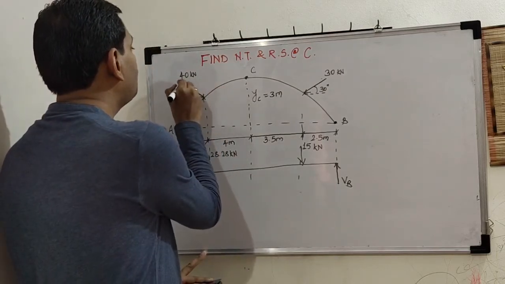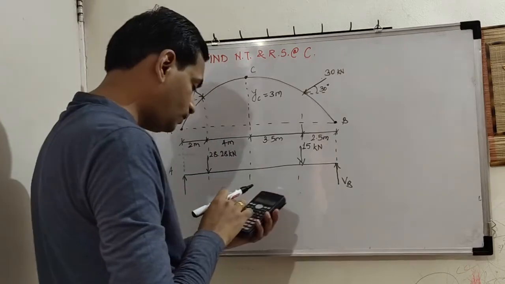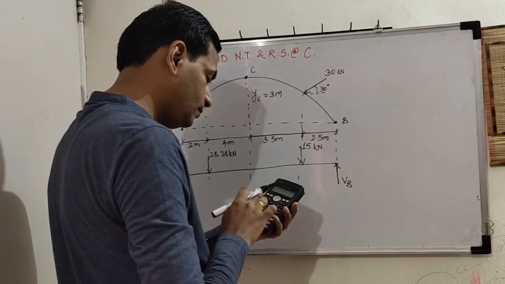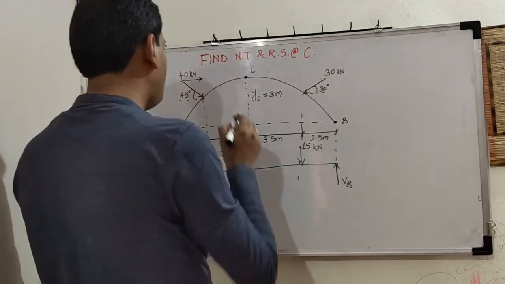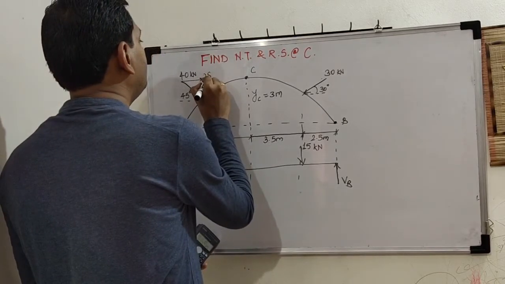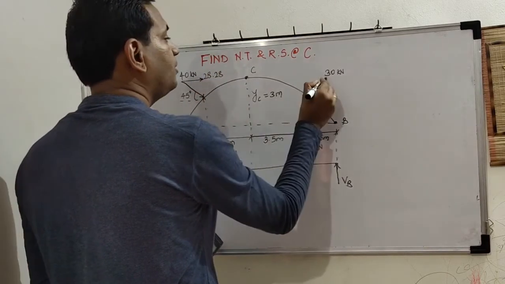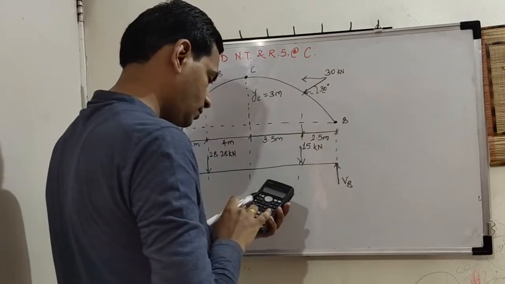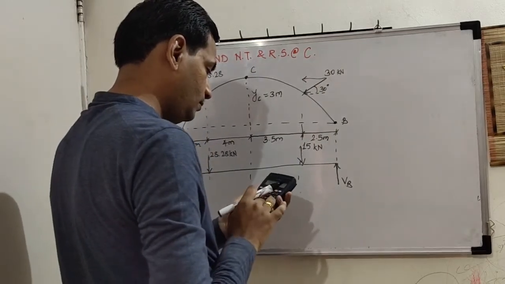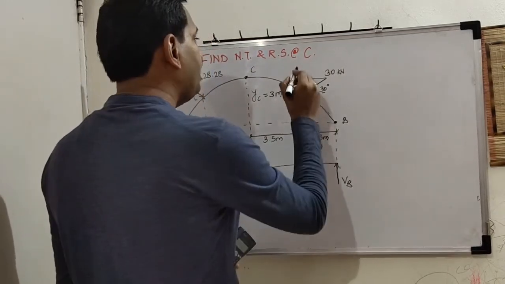Okay, and horizontal components are 40 cos 45, so it is 28.28 again, and 30 cos 30 is 25.98.